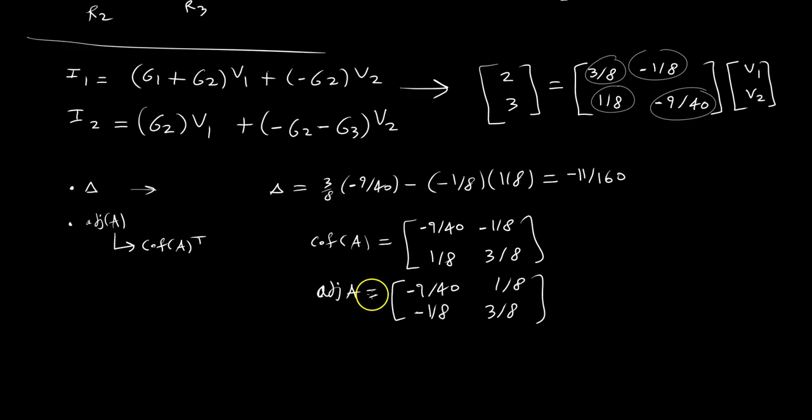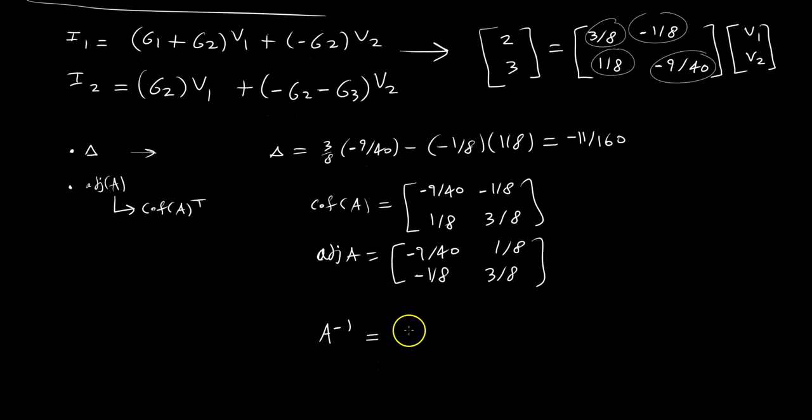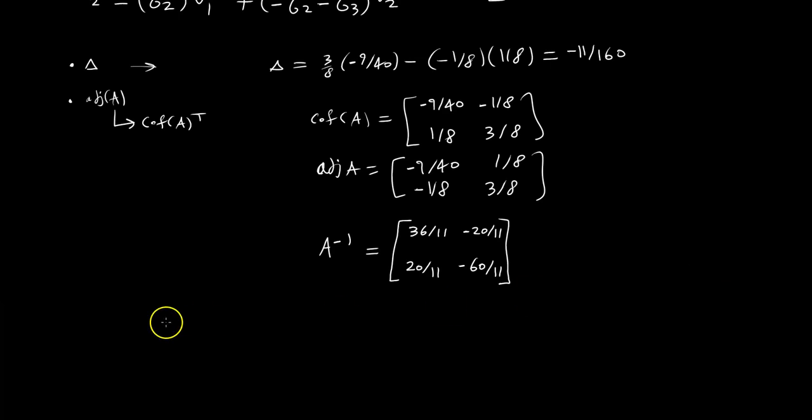So now we're going to divide by the determinant to find A inverse. Okay, so we found our A inverse, and now what we have to do is follow this formula, which is that the voltages are going to be the A inverse multiplied by the current vectors.